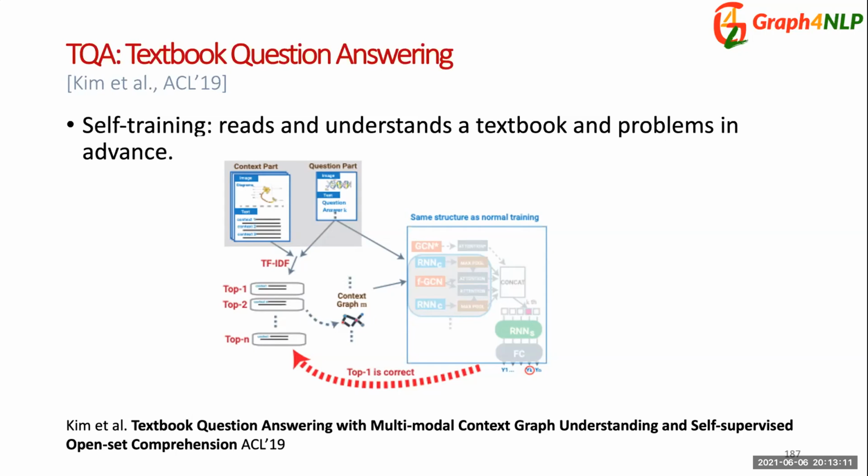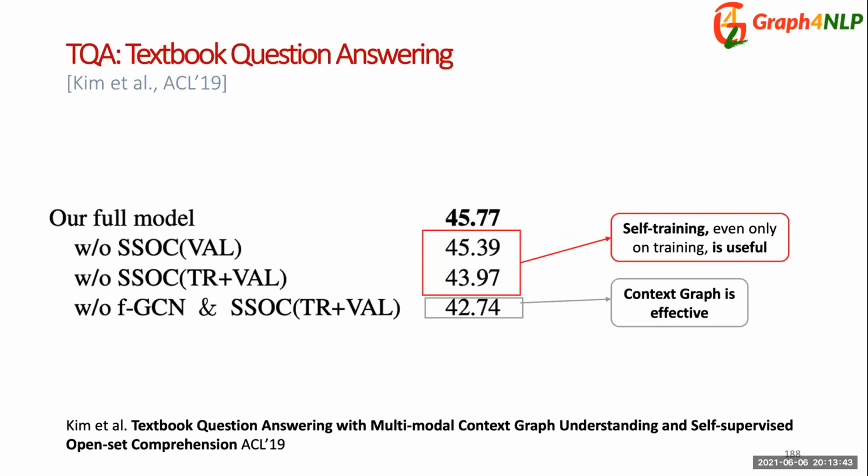Essentially, it uses the validation data set without the labels, assuming the traditional TF-IDF returns reasonable results, and uses that to create self-training steps so that the model can learn to read and understand a textbook and problems in advance from the validation data set. Now we're going to see how effective each of the steps is.